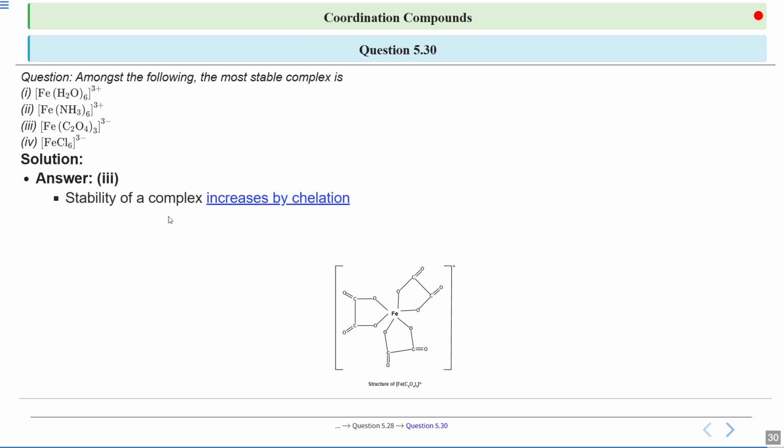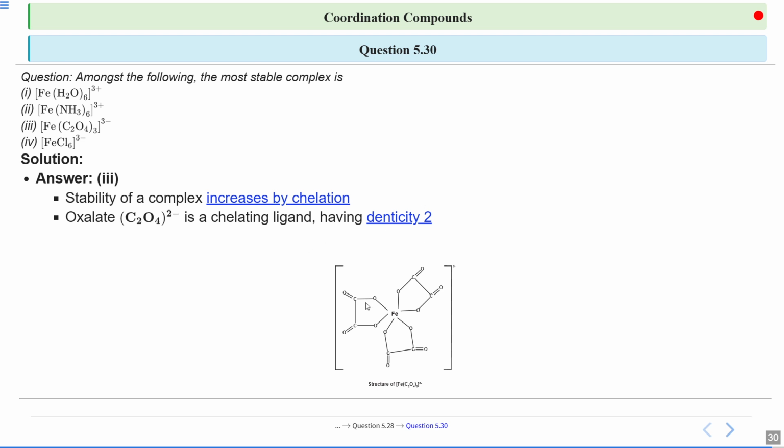Why is it more stable? The stability of a complex increases by chelation. If there is a chelate ligand present in our complex, showing the chelate effect, that will automatically increase the stability of the complex. So the oxalate ion, C2O4 2-, is a chelating ligand which has a denticity of 2.